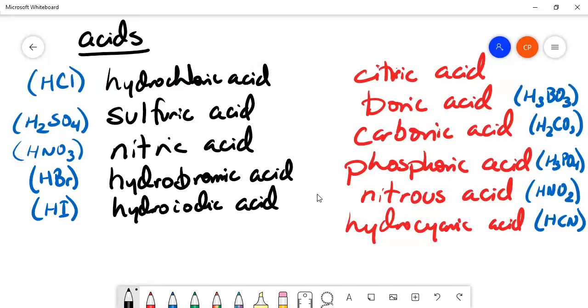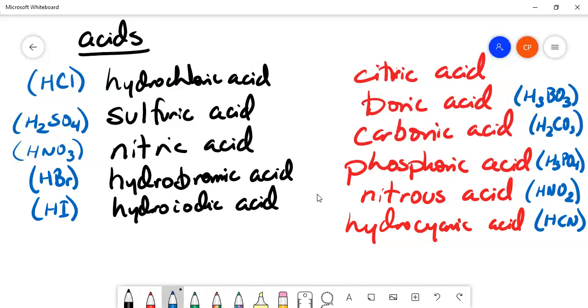Okay? Who have I left out among those halogens in the next to last column of the periodic table? What element? I've got chlorine, I've got bromine, I've got iodine. Fluorine. What's that guy named?